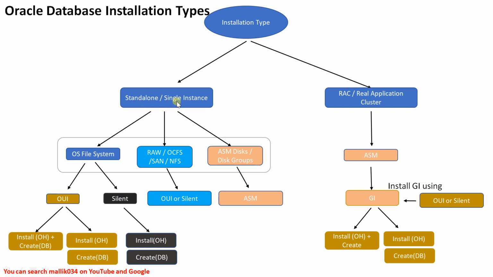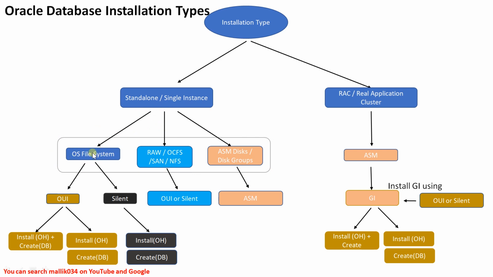And then if you are planning to install a single instance or standalone, then which OS file system or storage file system you are going to install on, whether it is an OS file system, local file system, or it is a SAN, or NAS, or NFS, or OCFS, or any of these network file systems, or it will be an ASM disk or ASM disk groups, right? On any of these storage environments, you can install your standalone database.